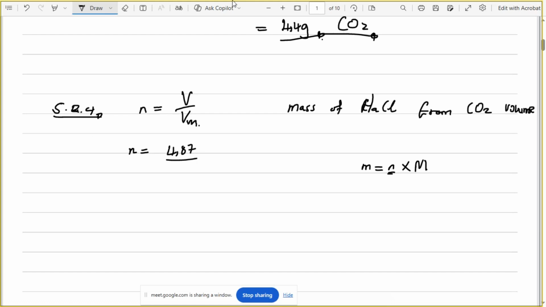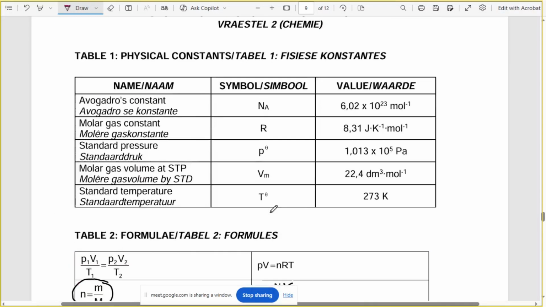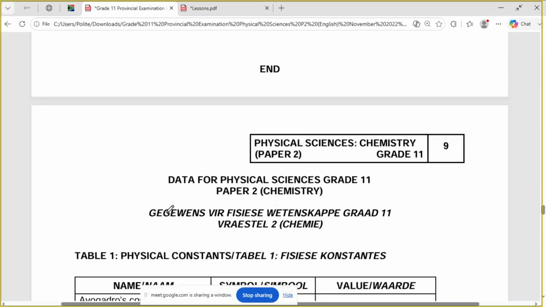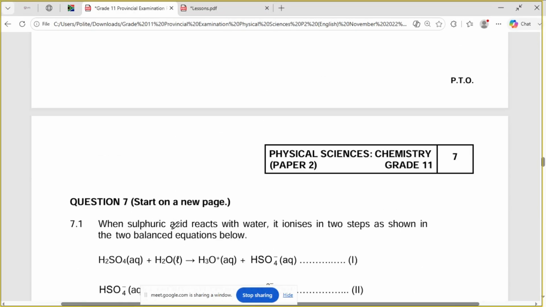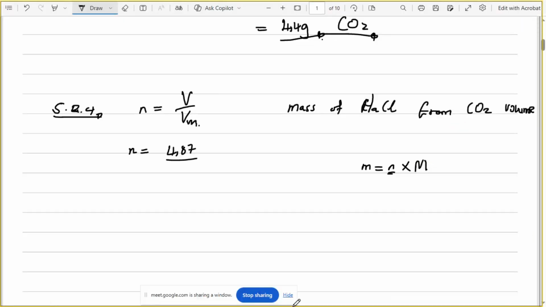The Vm is on your constant table. So this is your Vm, which will be 22.4. I hope this makes sense. Let me quickly go back and substitute that. 22.4. You punch this on the calculator.